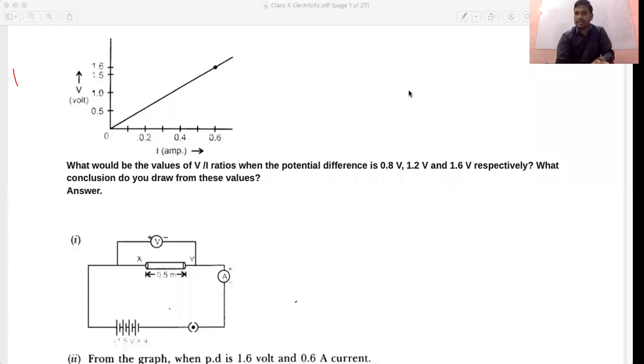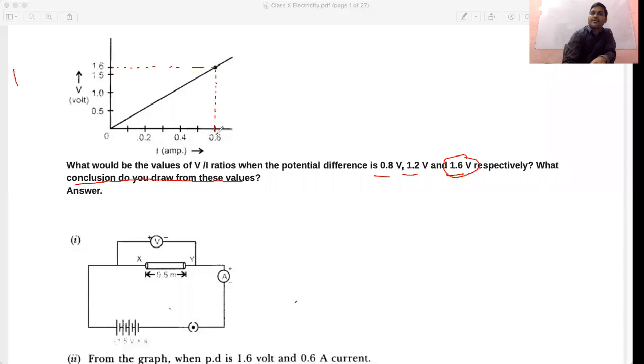So the question is all about this graph, and they are asking what could be the value of the V and I ratios when the potential difference is this much and this much, and what conclusion you draw from these values. So you can see at 1.6 volt, what current will you have?